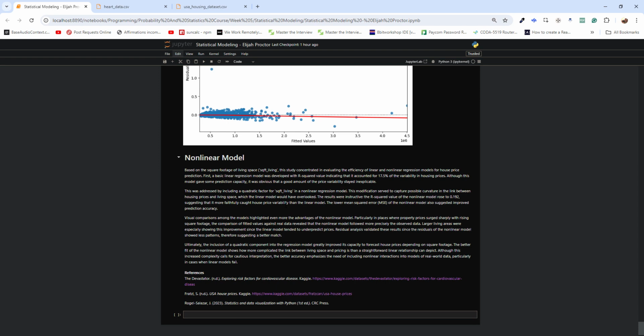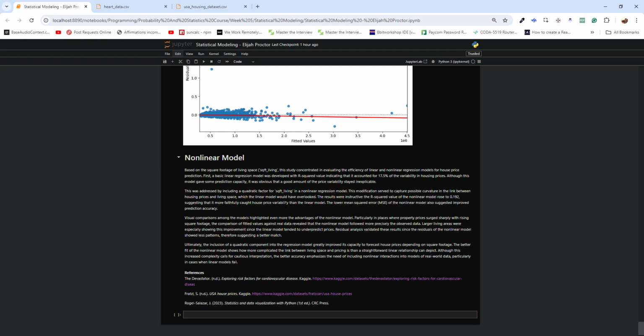To improve this, we added a quadratic squared term for square footage to create a nonlinear model. This nonlinear model did a better job, and it increased the explained variation to 19.2% and showed more accurate predictions, especially for bigger homes where prices tend to rise more quickly.